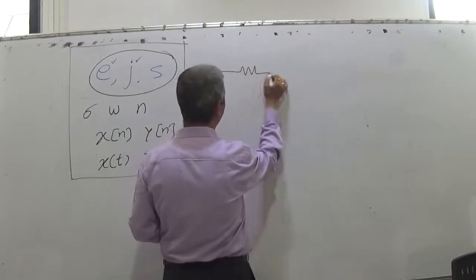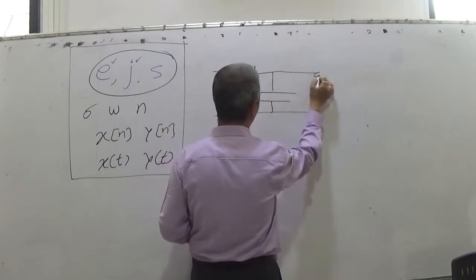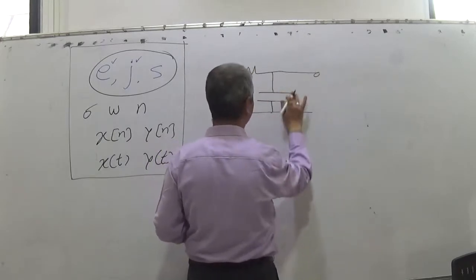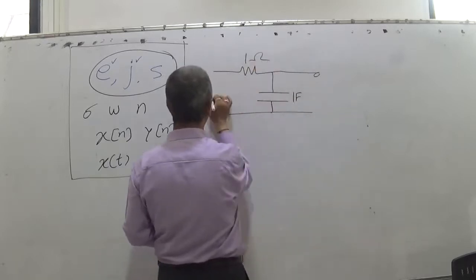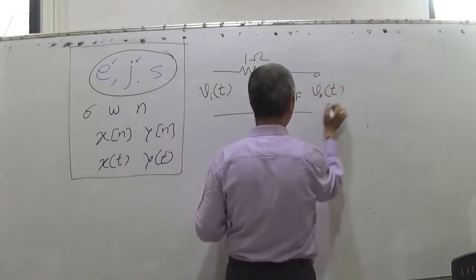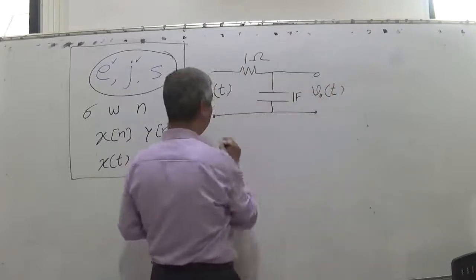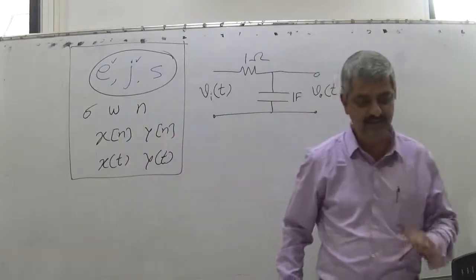And again, for simplicity we take simple values. We don't put R and C. We put 1 farad and 1 ohm, and V in T and VOT. Now a very interesting phenomenon happens.